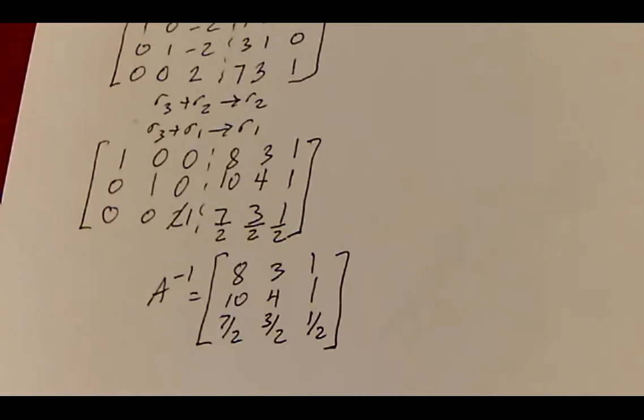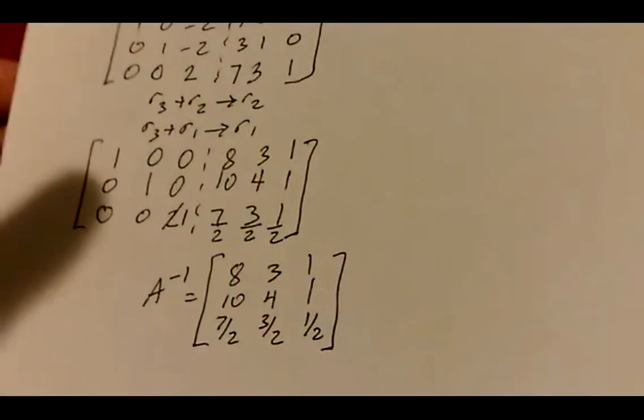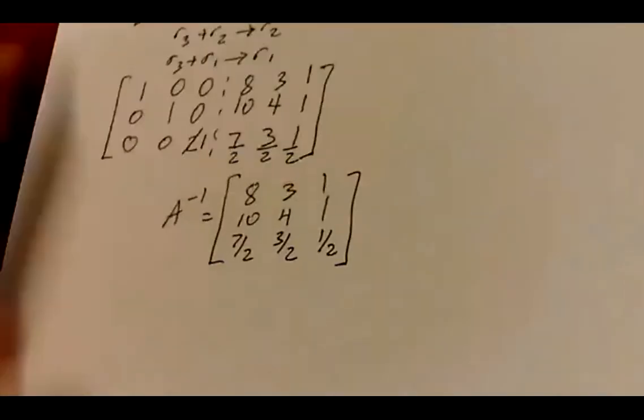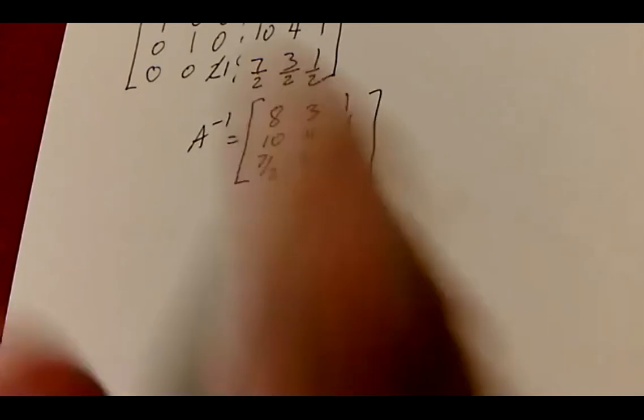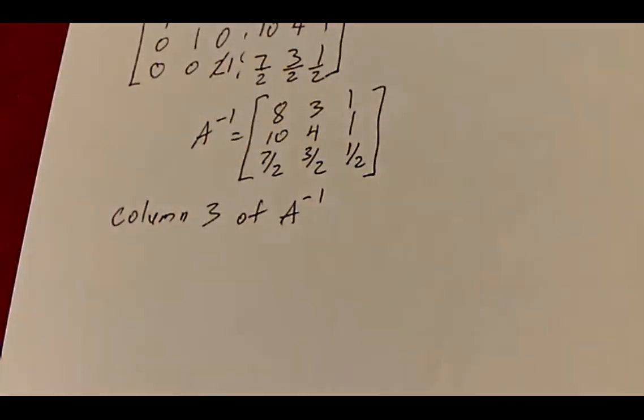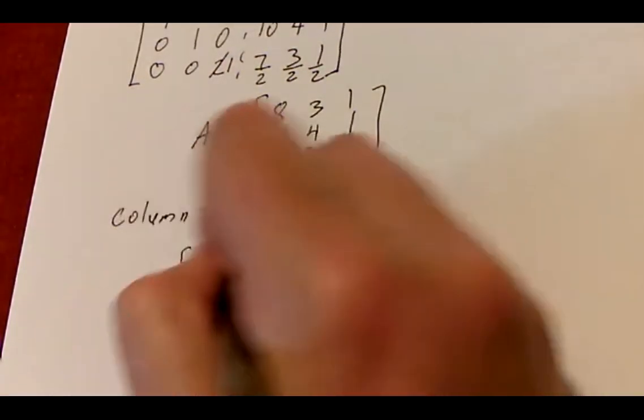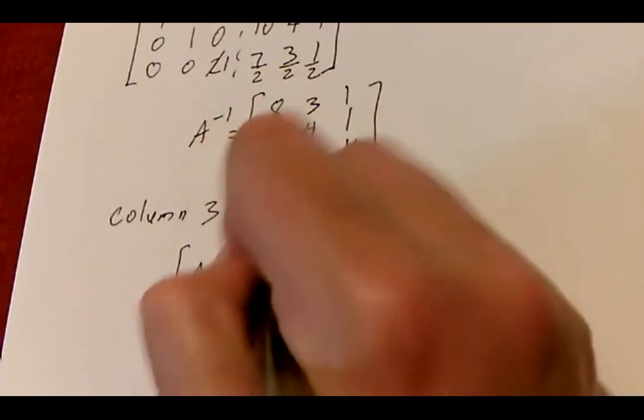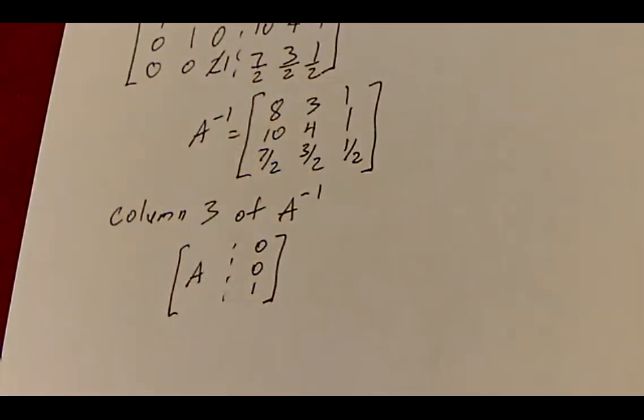So I have an algorithm now that I can use for larger systems than just a 2 by 2. Now we want to also make an observation here that I could do this just one column at a time. Maybe I only needed column 3 of A inverse. Well, I could take A and augment it with the appropriate identity column.